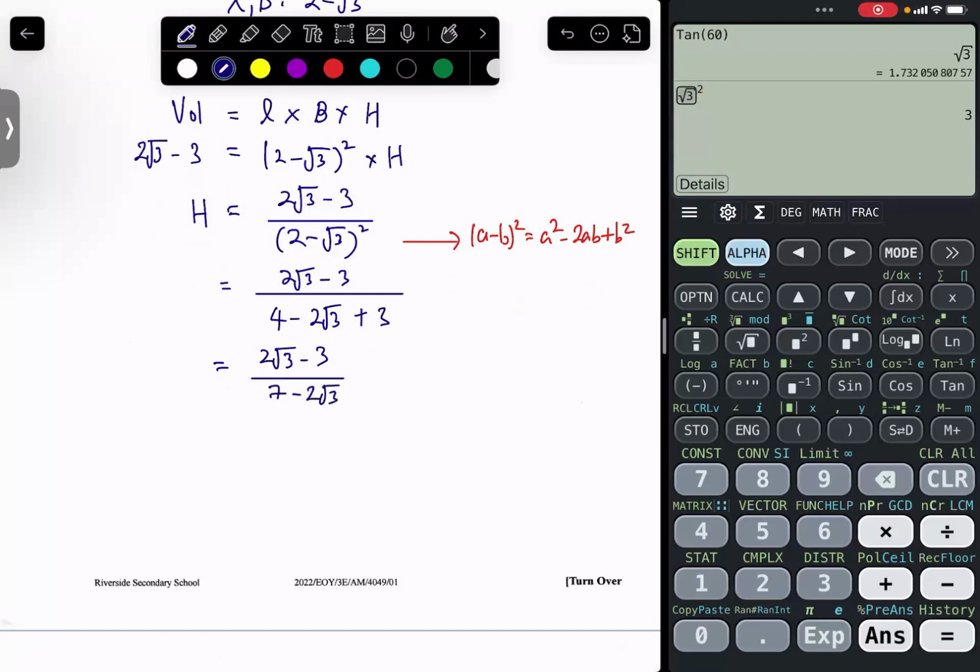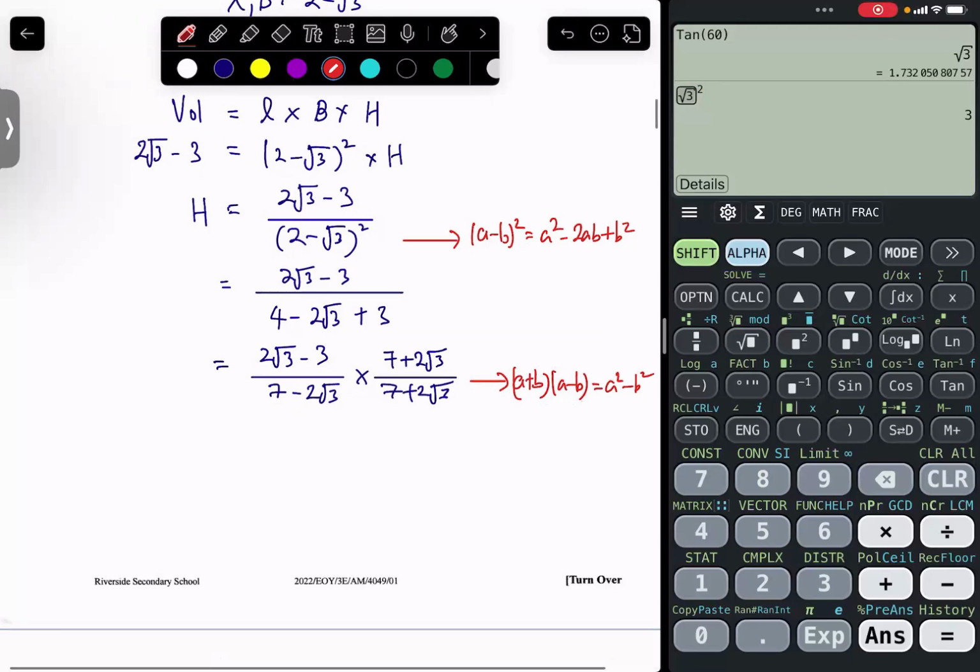Now over here, what you need to understand is the next process, called rationalizing. To rationalize, we need to multiply by the conjugate surd. So in this case, for 7 minus 2 root 3, we need to multiply by 7 plus 2 root 3, creating a scenario of (a plus b)(a minus b), which is a squared minus b squared.